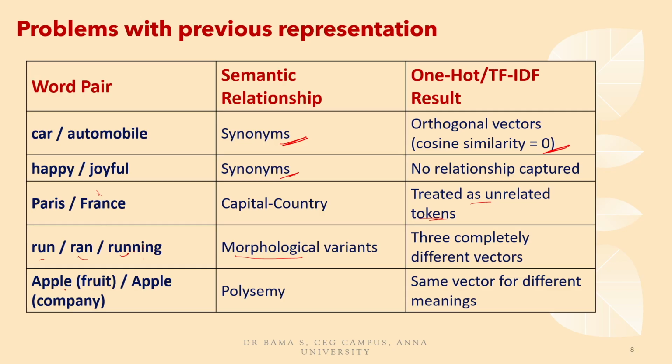And suppose we have the term apple. This is polysemy, which we saw in semantic NLP. Apple is a fruit and apple is a company, two different things, but one hot encoding gives us the same vector, although we know these are two different things. So these are some of the problems with the previous representations.